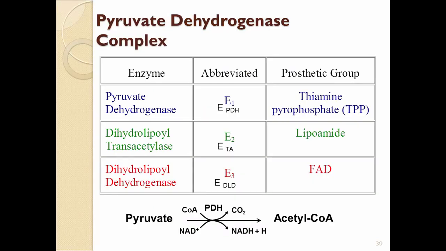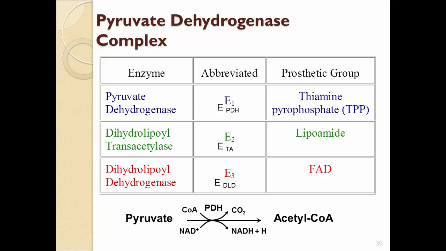An important enzymatic complex is called the pyruvate dehydrogenase complex. Remember, pyruvate is generated from glucose oxidation by glycolysis in the cytosol, and transported into the mitochondria. The first important reaction is that pyruvate has to be converted to acetyl-CoA, right?